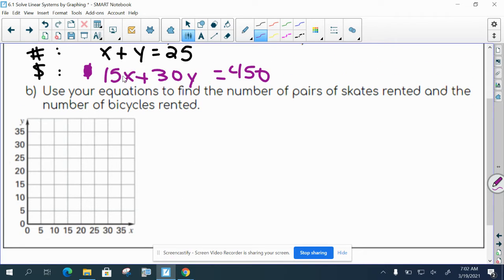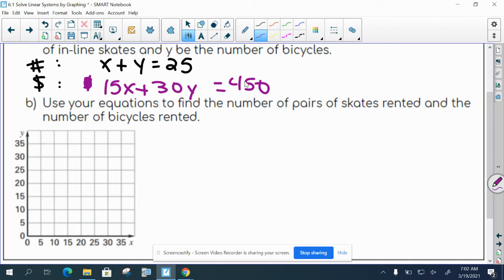The easiest way to graph an equation in standard form like this, ax plus by equals c, is to find the intercepts. To find the x-intercept, you cover up the y.